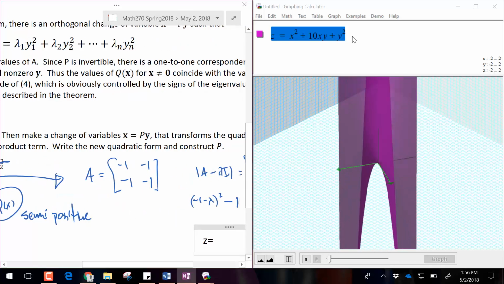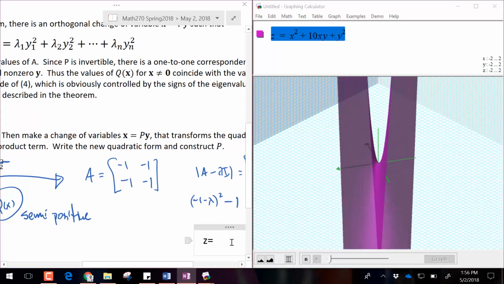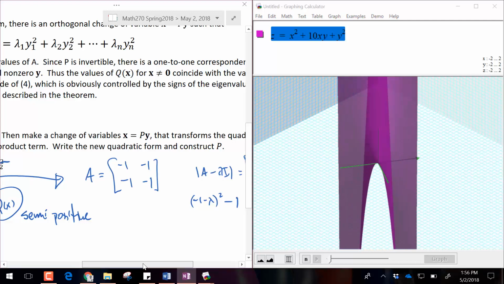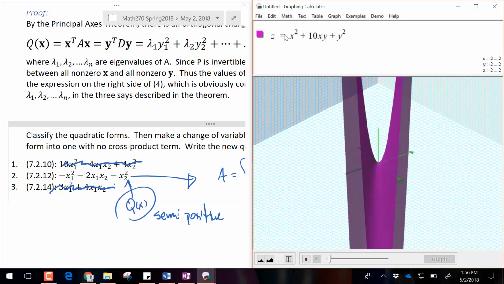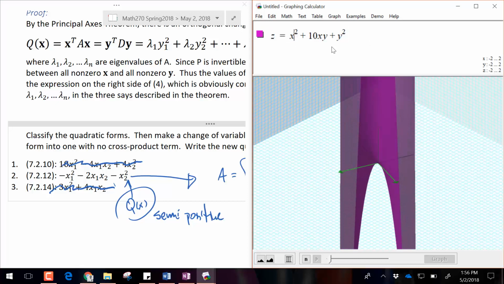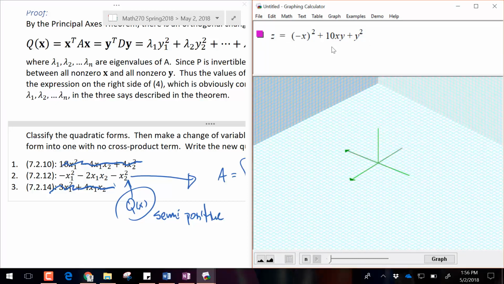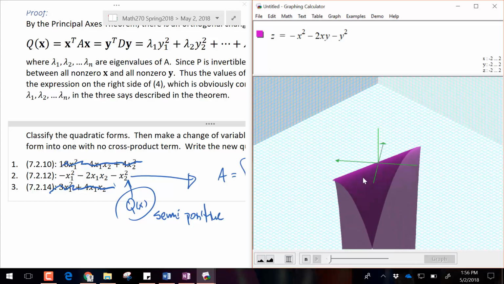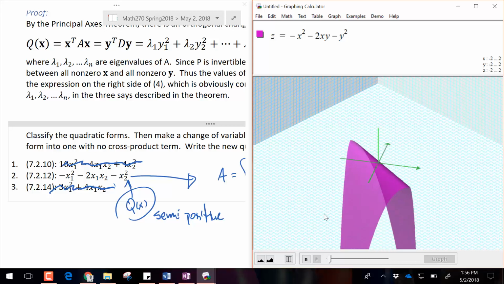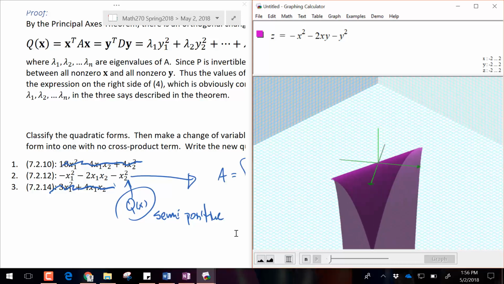So z equals, oh crap. Yeah, kind of, maybe. So it's minus x squared, minus 2x times y, minus y squared. Wait, it's supposed to be positive.